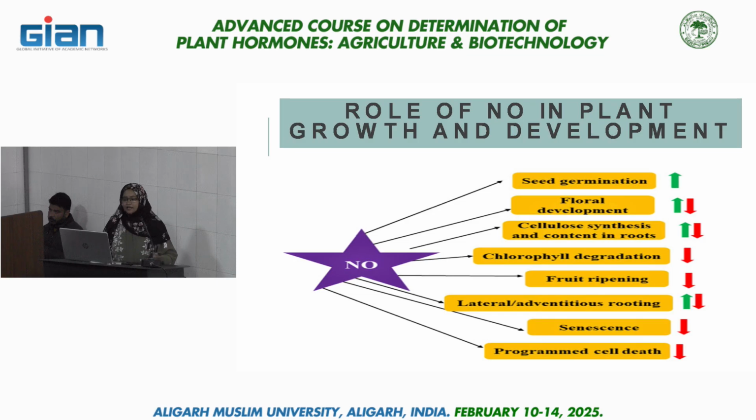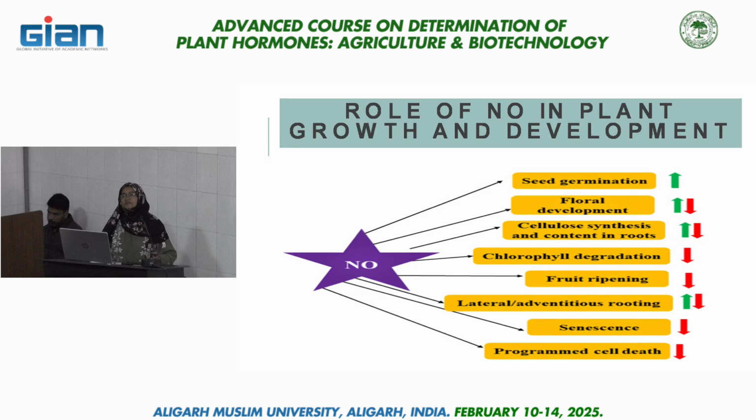Here the arrows and bars indicate positive and inhibitory effects. You can see here the ABA catabolism. NO regulates this catabolism and promotes the synthesis of gibberellic acid. So, dormancy is broken by nitric oxide through this phenomenon and it promotes seed germination.